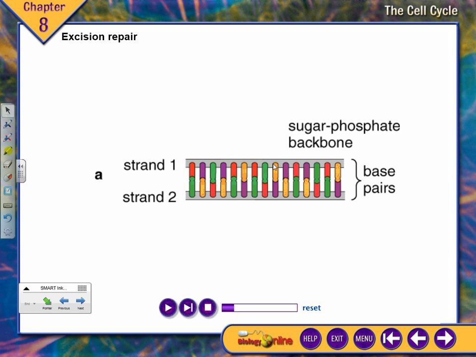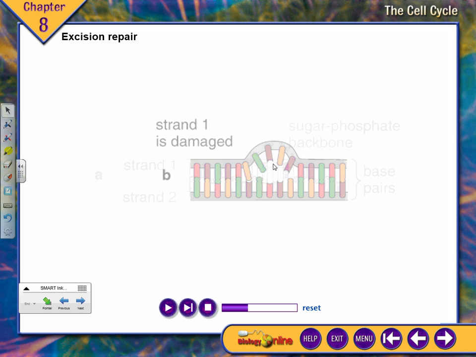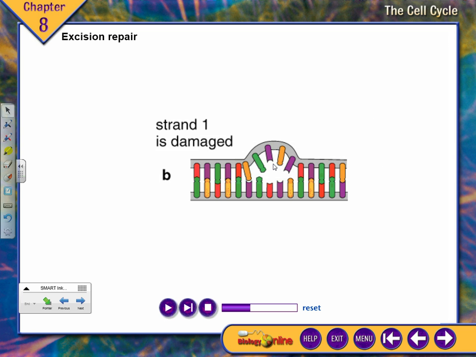Therefore, they need to detect and repair mutations introduced during replication or caused by environmental factors, such as mutagenic chemicals or radiation. Most mutations are known as mismatches because they consist of base pairs that cannot form hydrogen bonds, for example, adenine and cytosine. The process by which these mutations are repaired is known as excision repair.